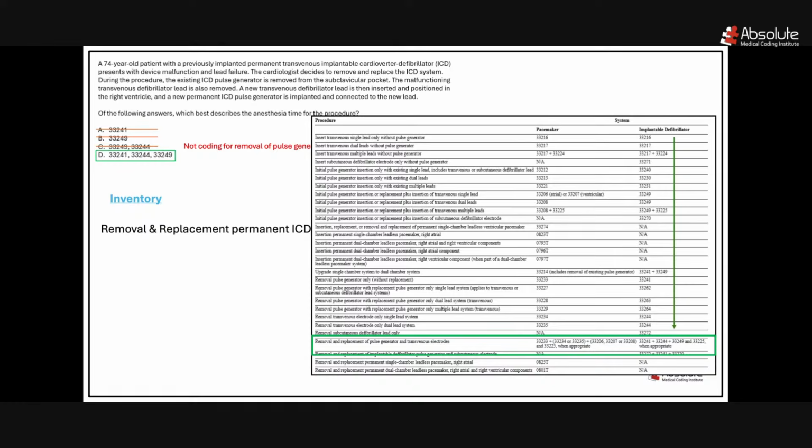Then you have to identify the system. Was it a pacemaker or a defibrillator? It was a defibrillator. If you come down, there are your answers. You can use 33241, 33244, 33249, and 33225 if appropriate.